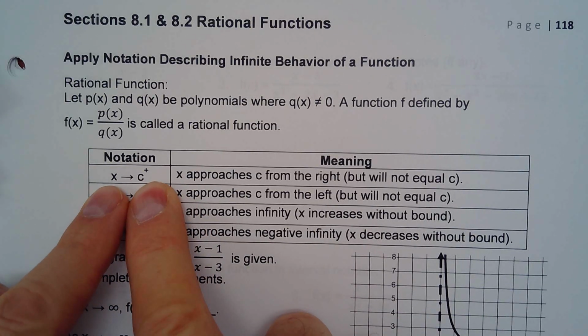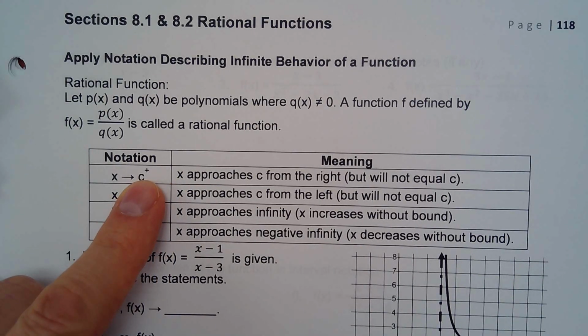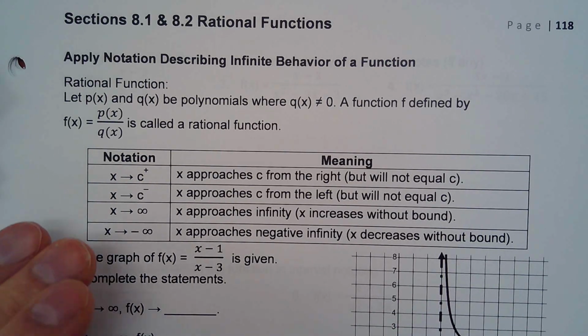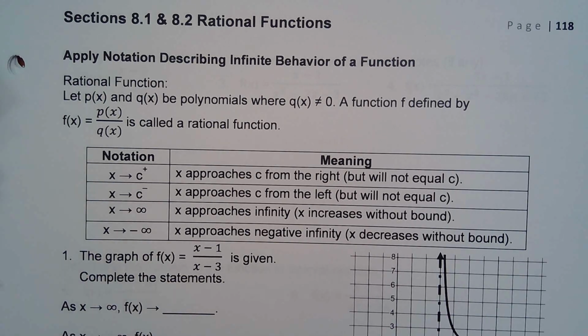Let's say this said x approaching 1 from the positive side, that would mean we're taking numbers like 2, then 1.5, 1.4, 1.3, 1.2, 1.1, 1.01, 1.001, getting closer and closer from the right side. And this would be x approaches c from the left side, so like 0.99, 0.999, 0.99999, keep getting closer to that 1 without ever being equal to it.